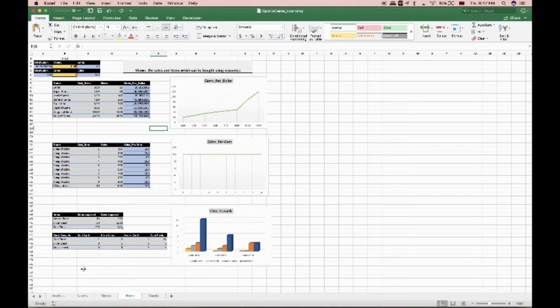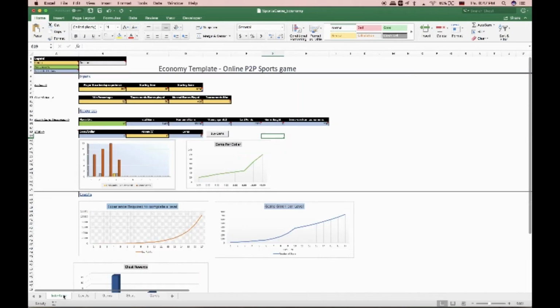Okay, let's go back to the Interface tab. As I mentioned above, you can use a button to buy gems. You can input a feasible value from the table and check how many gems you can get at this price. Let's give an example. If you input 0.99, you can get 20 gems.